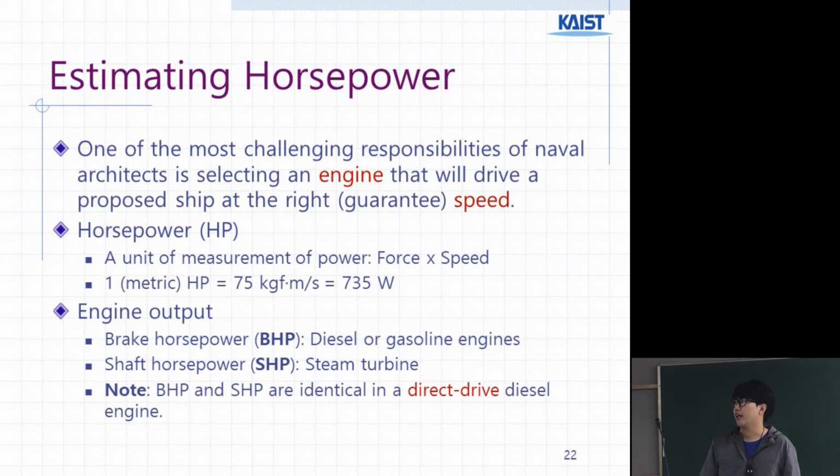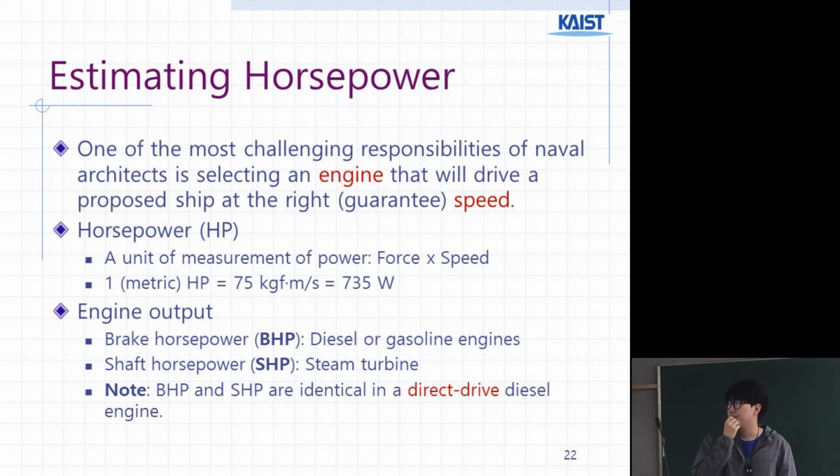And the horsepower: the definition of horsepower is a unit of measurement of power. This is a product of force and speed. This unit, 1 HP, is 75 kilogram-meters per second.